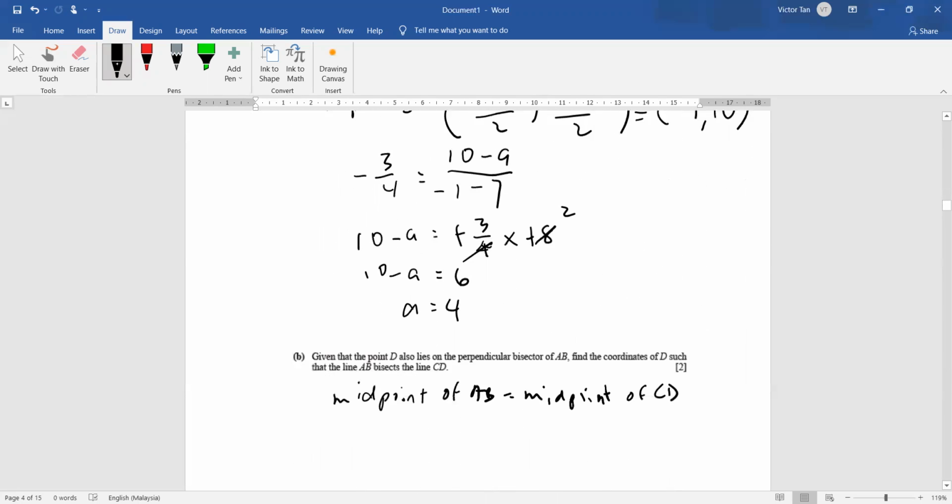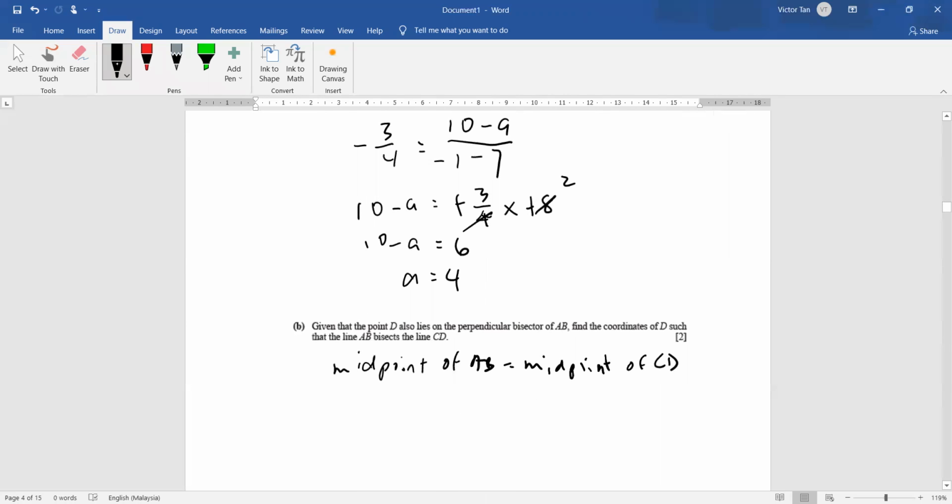a is 4, so C is (7, 4). So this is 7 plus x over 2, 4 plus y over 2, assuming D has coordinates (x, y).